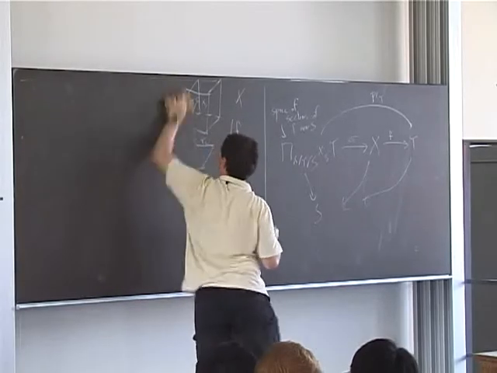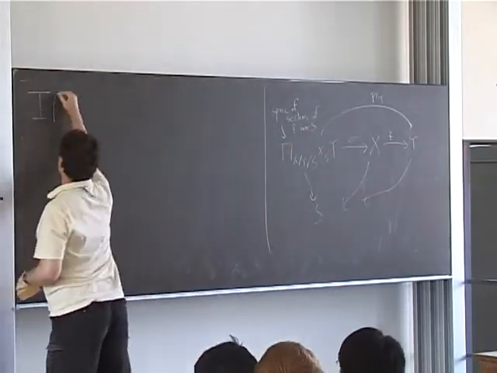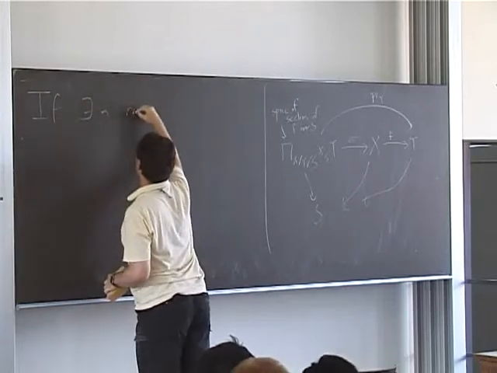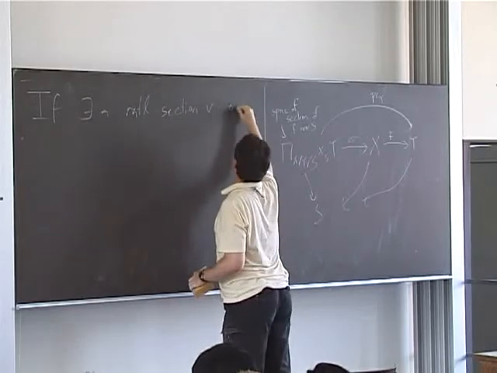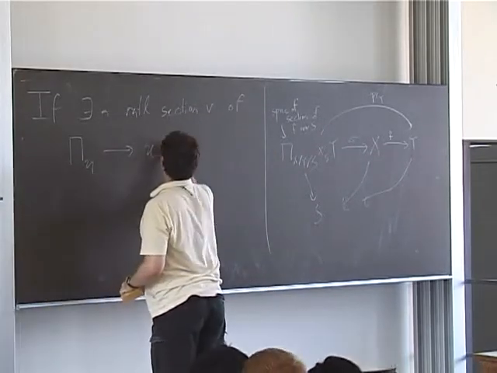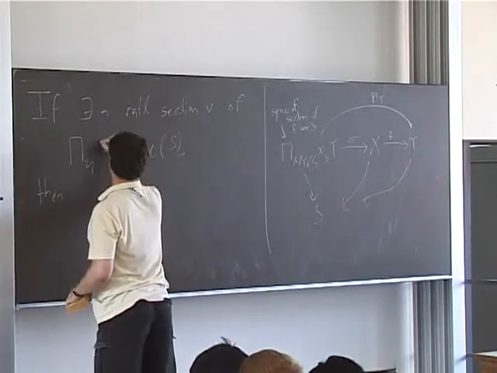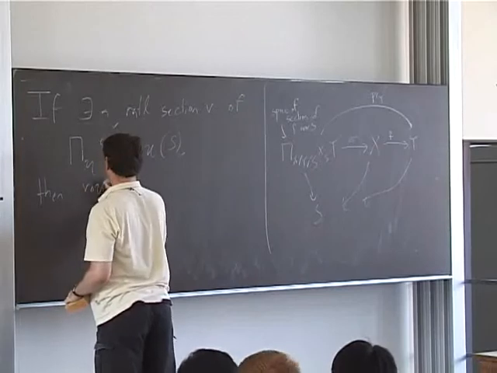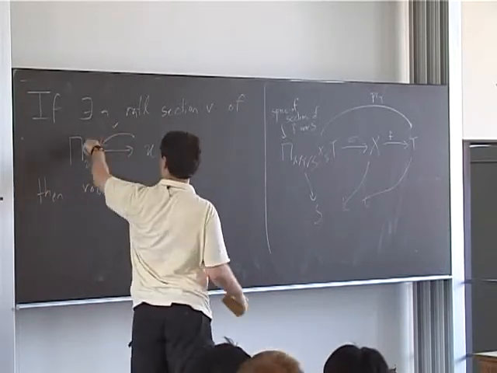So if there exists a rational section V of pi_U to U of S, that's this V here, then V composed with U: U maps S to U of S, and then V maps U of S to pi.